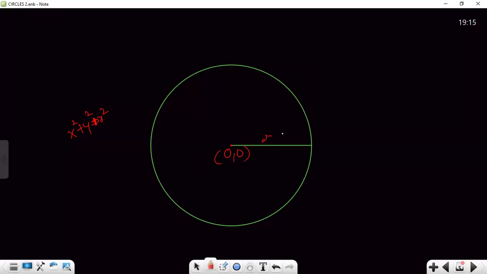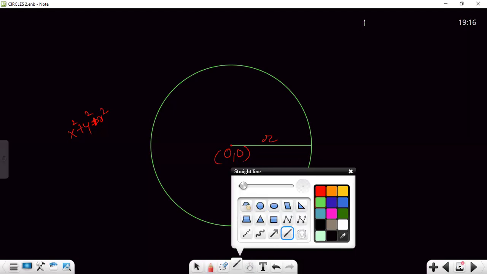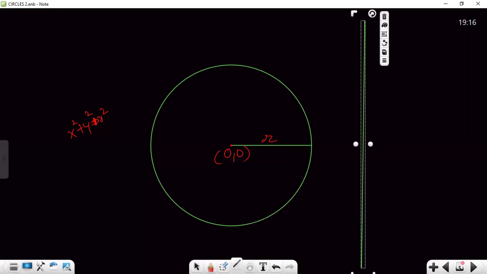Now we know a formula for finding the distance between the circle's center and the line. Let me draw a random line, and its equation is y equals mx plus c.